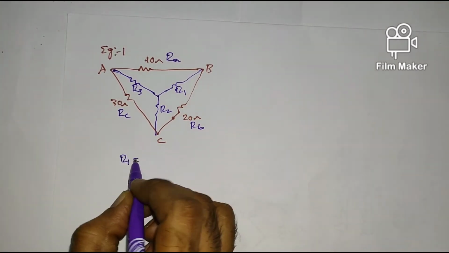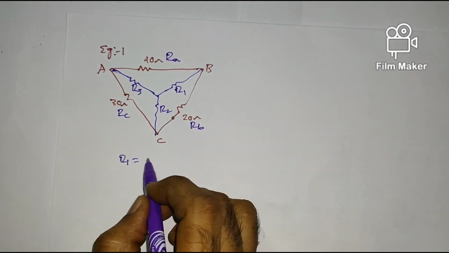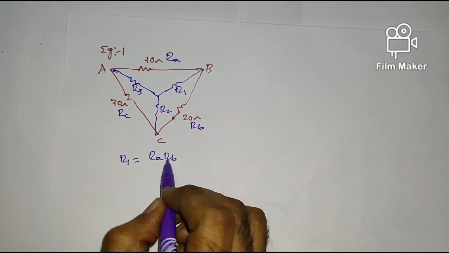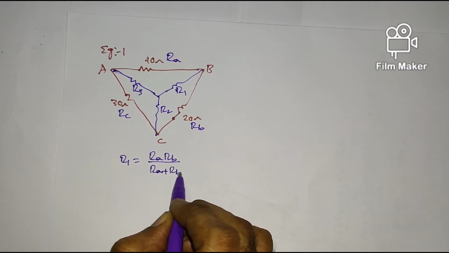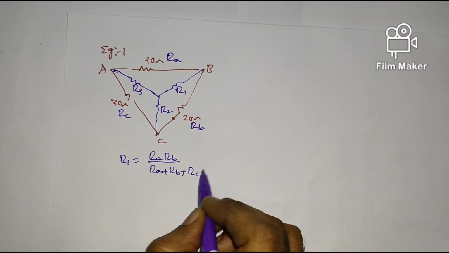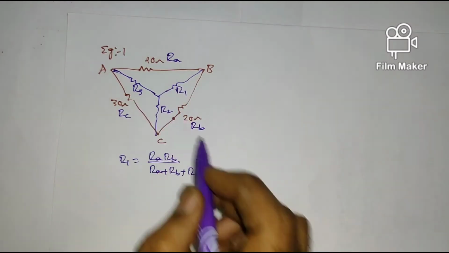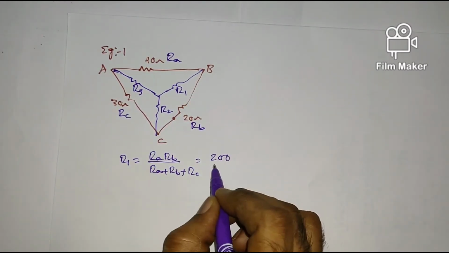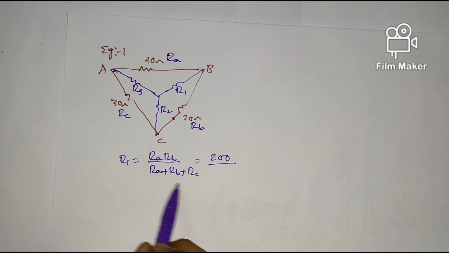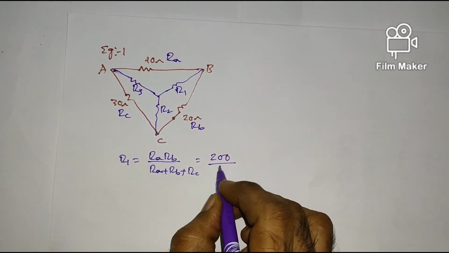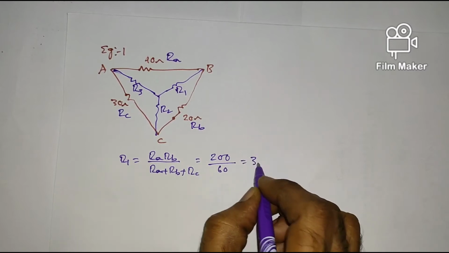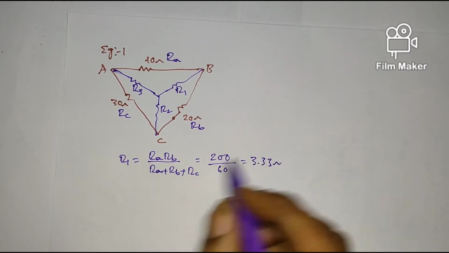R1 is given as RA into RB divided by RA plus RB plus RC, that is equal to 10 into 20, 200 divided by RA plus RB plus RC, which is 10 plus 20 plus 30, equal to 60, that is equal to 3.33 ohms.